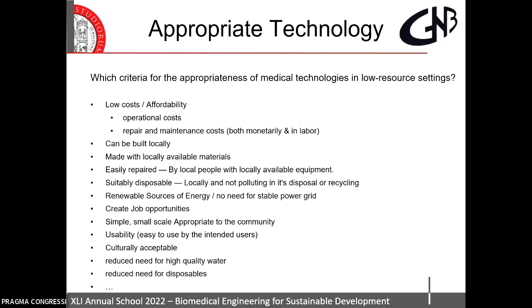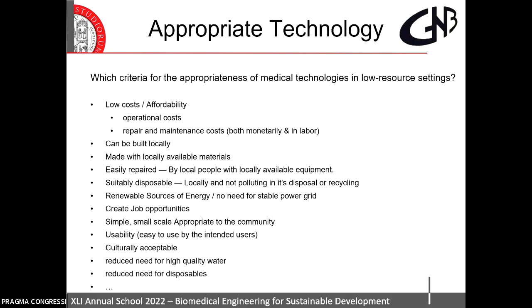In my course, I usually ask students to do a brainstorming: what are the aspects that medical technology should take into account in low resource settings? And so this is a non-exhaustive list of them. The first aspect that we probably all think about is cost.